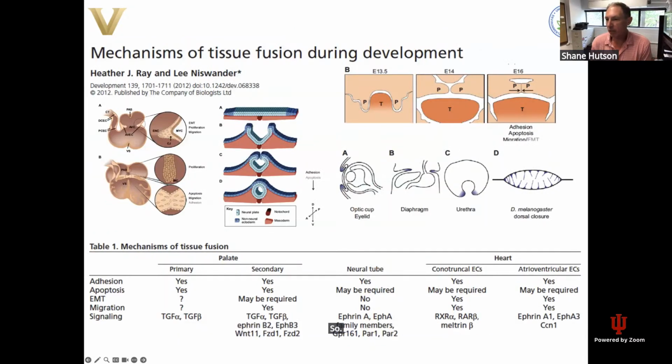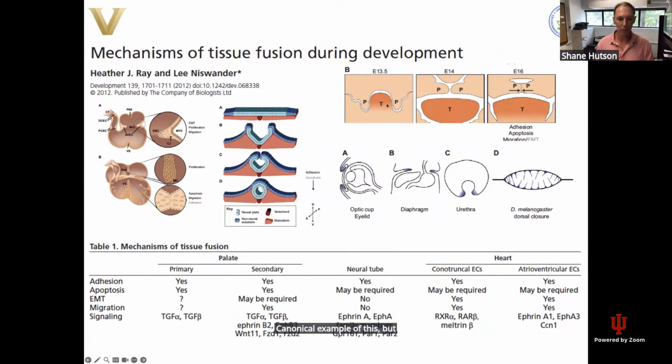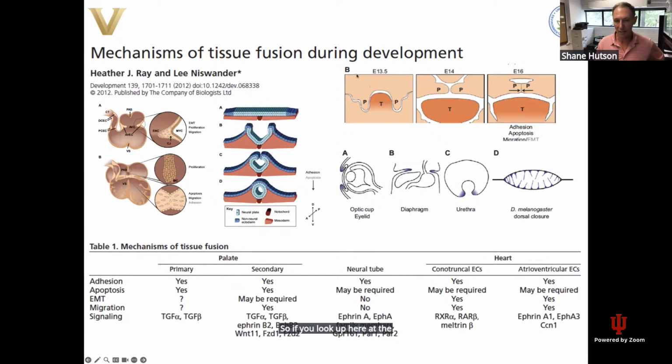Okay. So tissue fusion is something that Tom and I were thinking a lot about during that year. We decided on the palate as a canonical example of this, but let me explain what happens with the palate and what happens in all these other things. So if you look up here at the top right, this panel labeled B, this is from a mouse at embryonic day 13 and a half, and the two shelves of the palate are growing down beside the tongue, T there, and the shelves are labeled P. They flip up above the tongue and then grow towards one another.